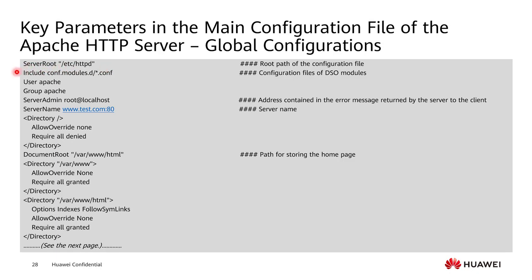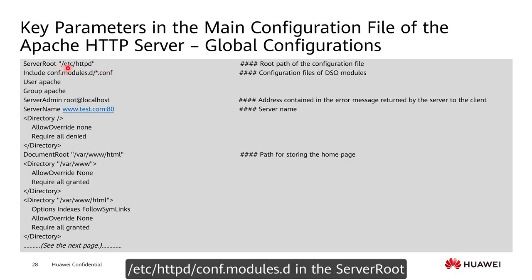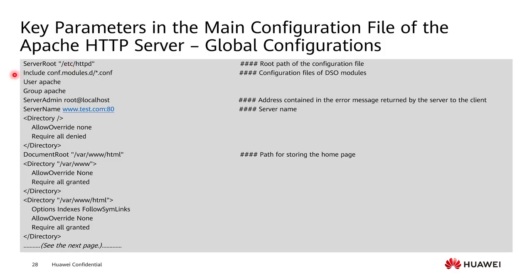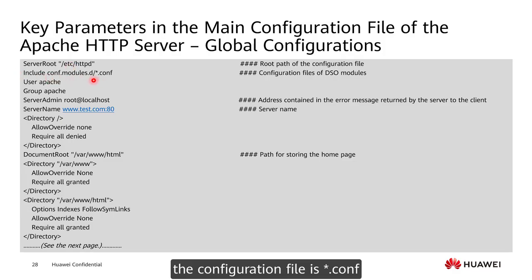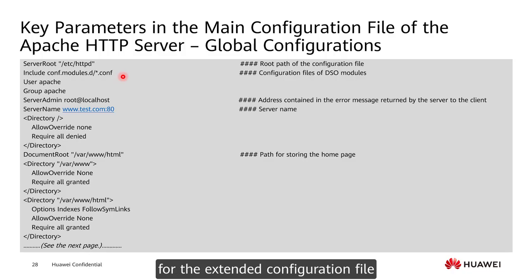For example, if the path in the configuration file is conf.modules.d, the absolute path is /etc/httpd/conf.modules.d in the server root. In addition, the configuration IncludeOptional is followed by *.conf, which indicates that all configuration files must end with .conf. These configurations also apply to the path settings for the extended configuration file.